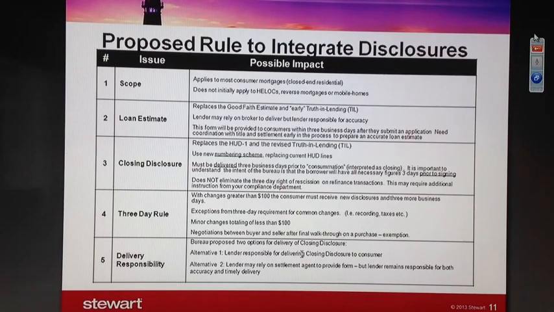So there isn't a great deal of change to how this form is to be delivered. It still has to be to consumers within 3 business days after they submit an application. But if you look that form over and compare it to a current GFE, I think that you will agree that it's a much more consumer-friendly form that really does communicate information in a better way.